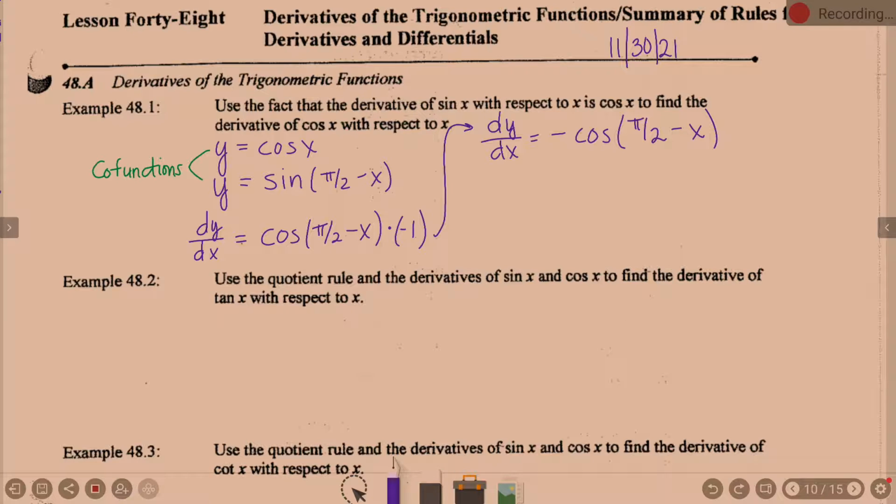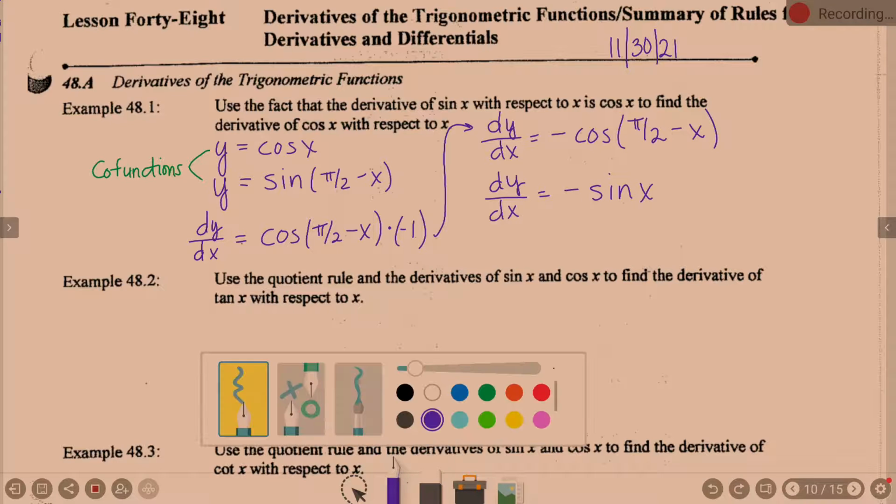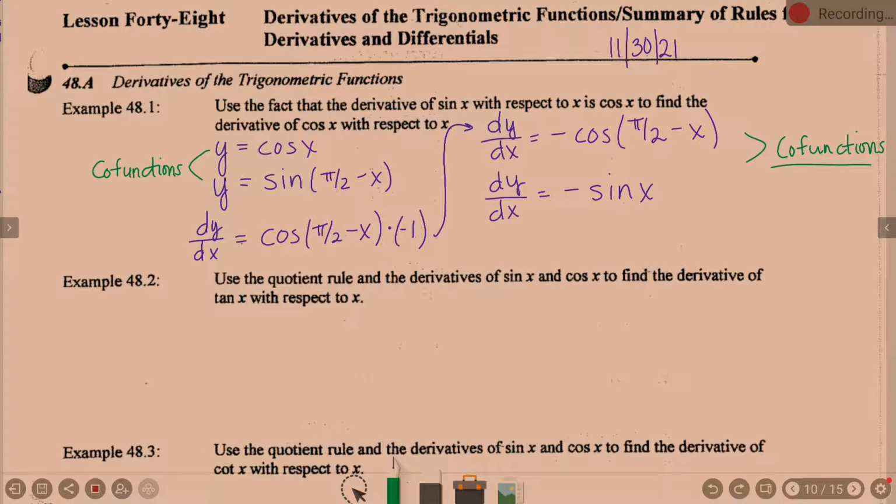We're going back to sine of x, aren't we? Except that there's a negative out front here, which says it is negative sine of x. And of course, that again is using my cofunctions. See, this is the cool part to me where it all connects back.